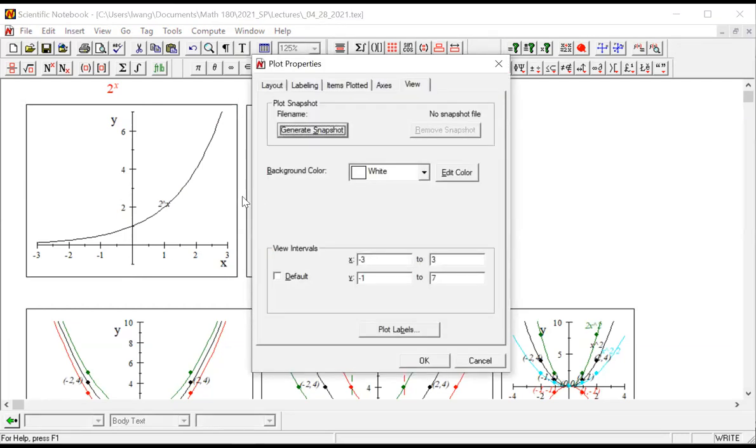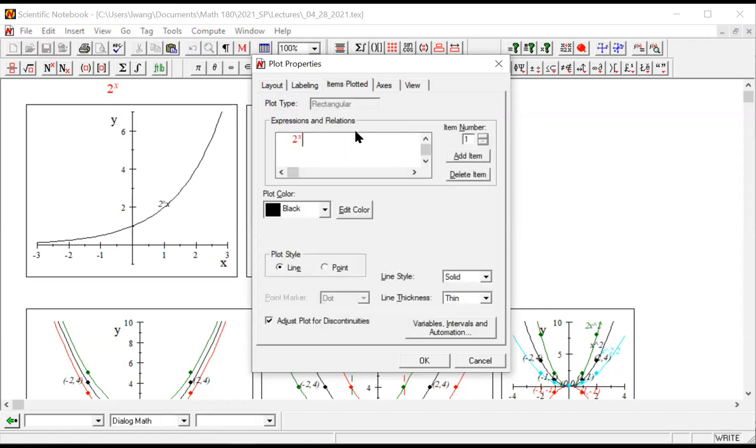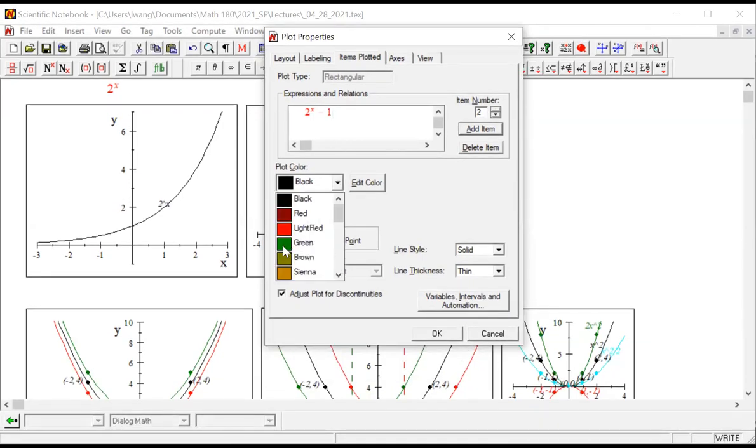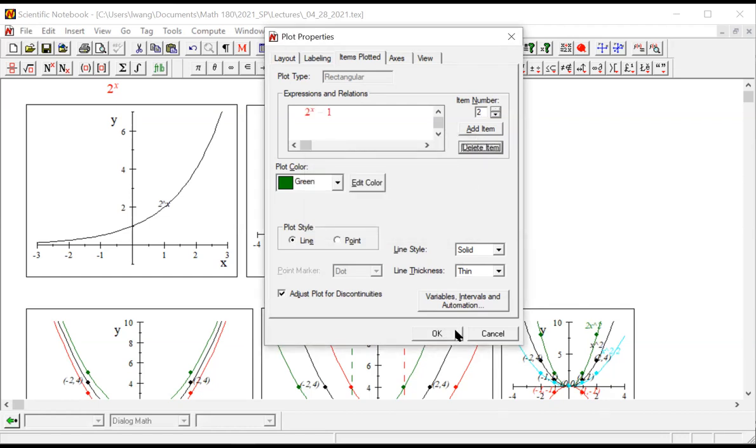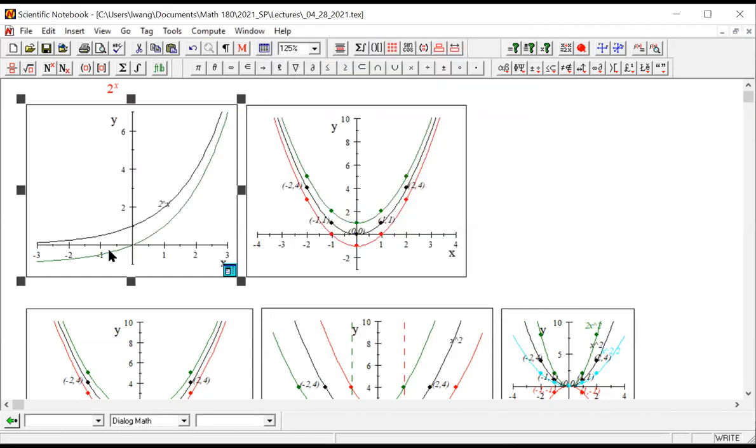If we put a minus 1 there, 2 to the power x minus 1. We're going to use the color green.